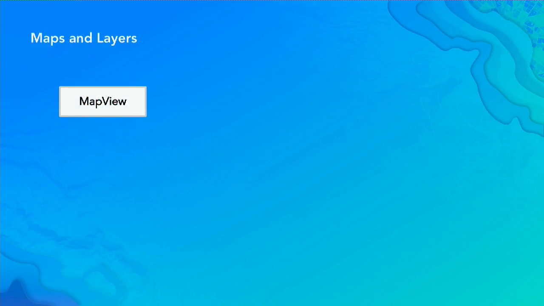If we have a look at the high-level overview of the API, we have a map view. A map view is responsible for rendering the map. It has one map associated with it. A map can only be in one map view. There's a restriction there. If you try and put a map in 2 views, you'll get an exception thrown within your API.